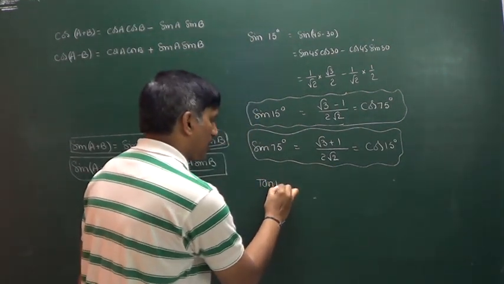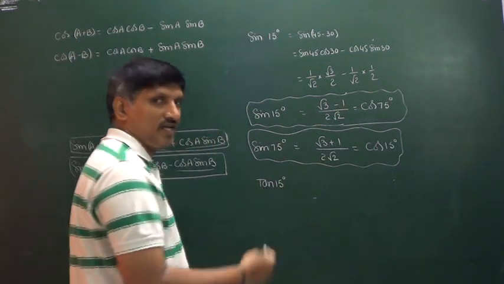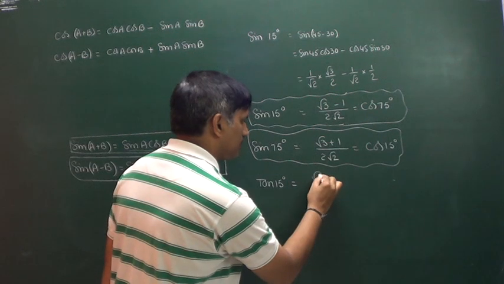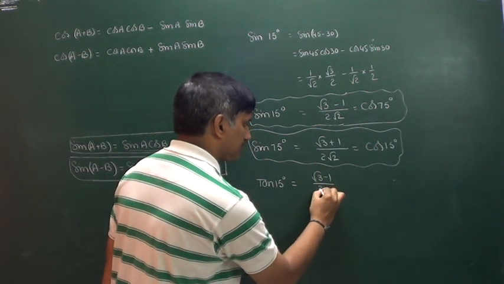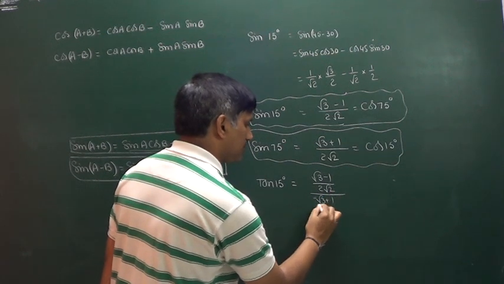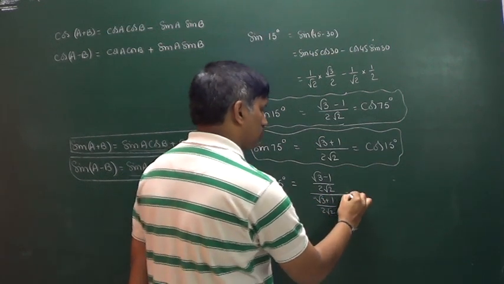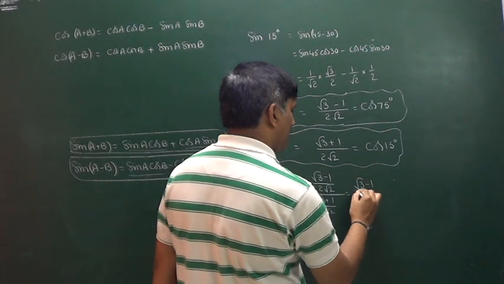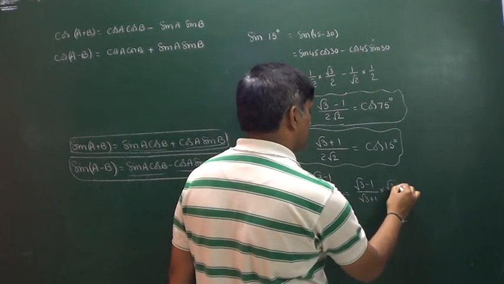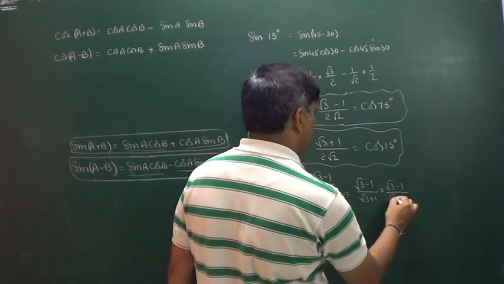Since I got the sin 15 and cos 15 values, can I find the value of tan 15? Yes, definitely. Tan 15 is equal to sin 15 divided by cos 15, which equals (root 3 minus 1) divided by (root 3 plus 1). Now multiply and divide with root 3 minus 1.